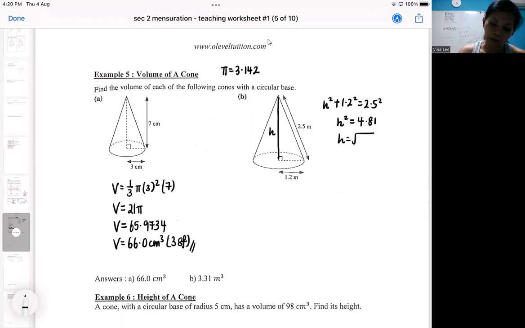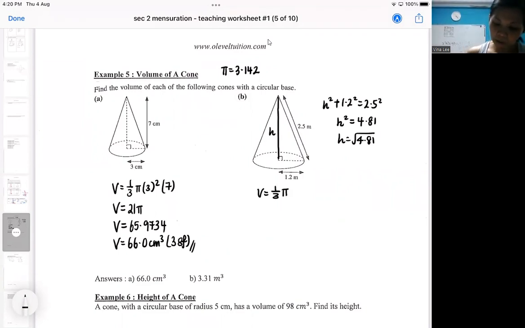In this situation, I'm also not going to punch out my height because that is not my final answer, and if I punch it out, it's going to be a chain of decimals. So I'd rather conserve the accuracy. From here, I will do my volume.